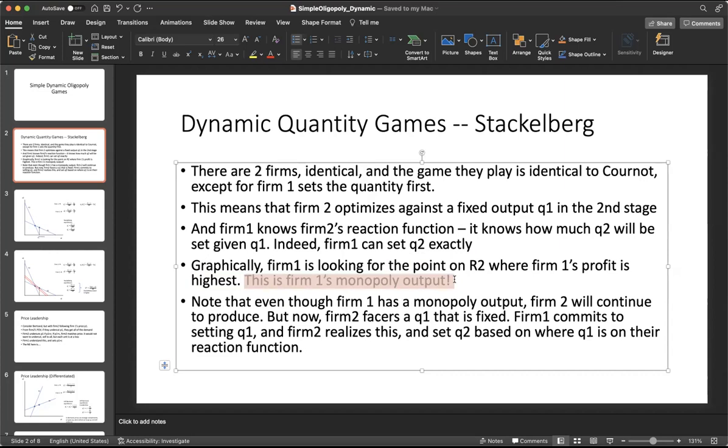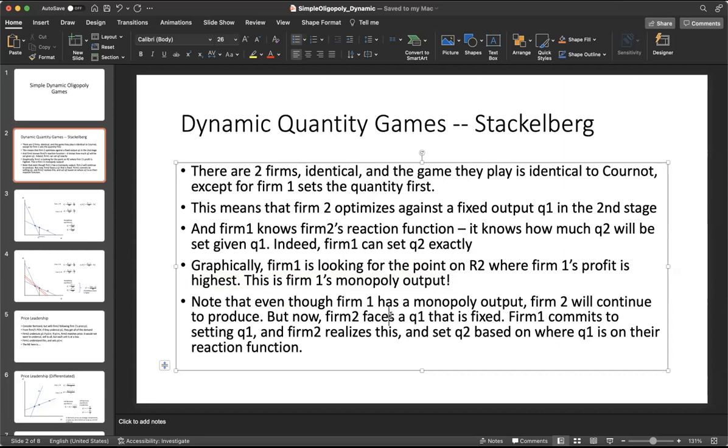As we will derive, that's firm 1's monopoly output. Note that even though firm 1 has monopoly output, like we discussed the first time we covered Cournot, firm 2 will still produce, but not zero. But this time, firm 2 will face Q1 that is fixed.